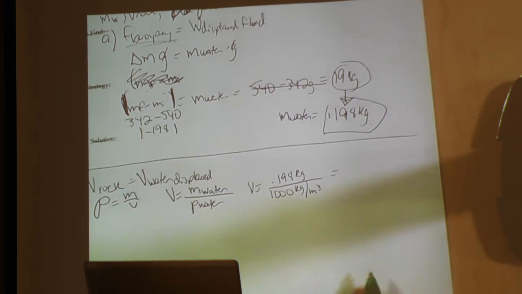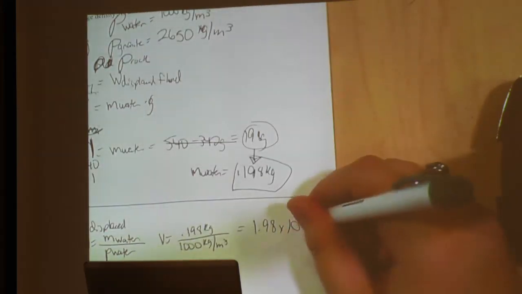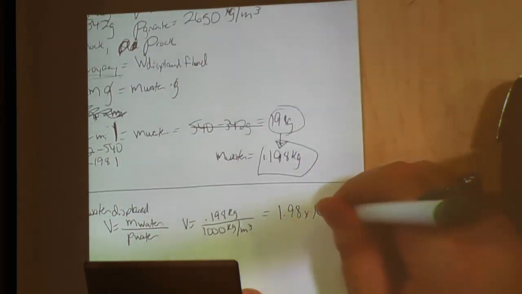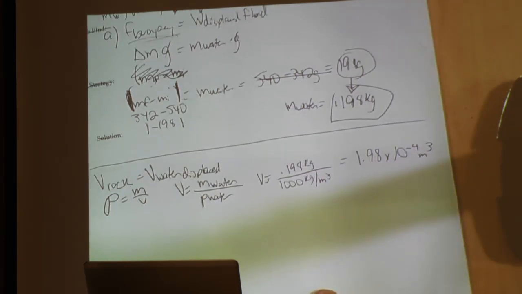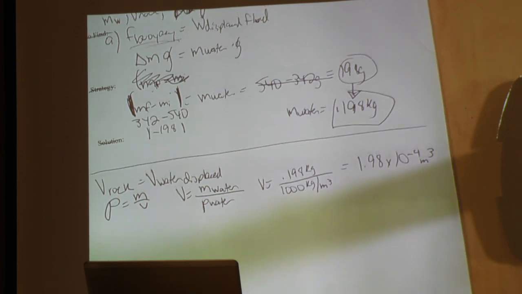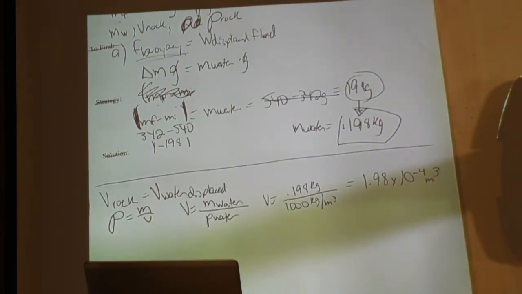So this is going to be a very small number. It's about 1.98 times 10 to the negative fourth meters cubed. Did everybody see where that came from? Yeah, okay. So the volume of the rock should be the same as the volume of the water displaced. We found the volume of the water displaced, and that gave us the volume of the rock.